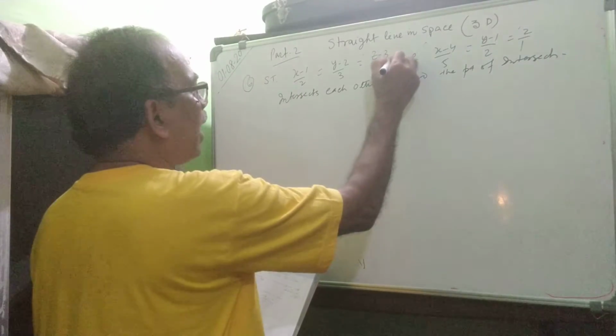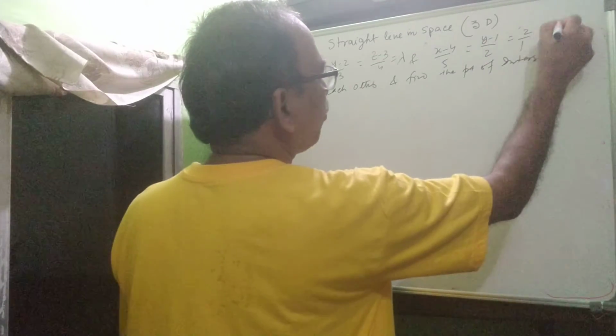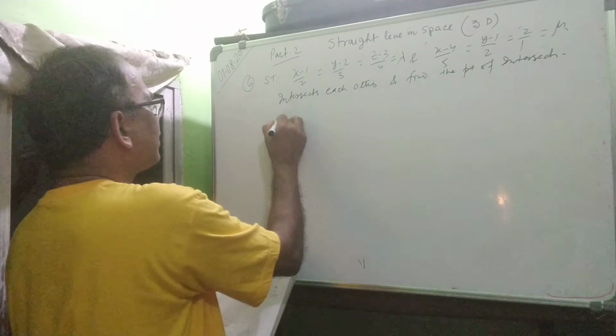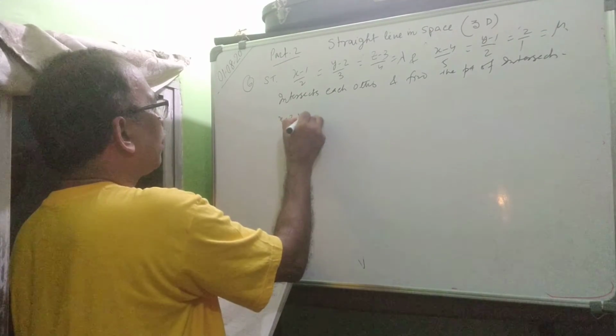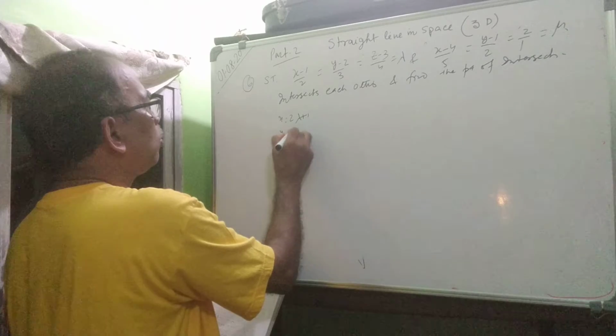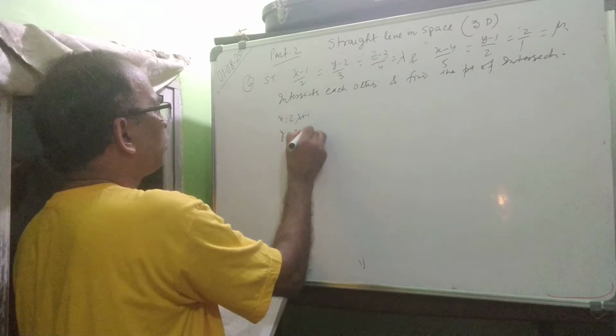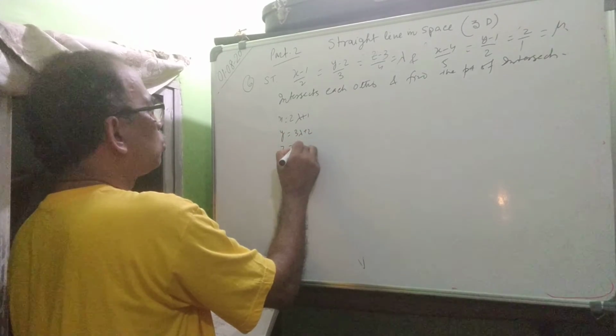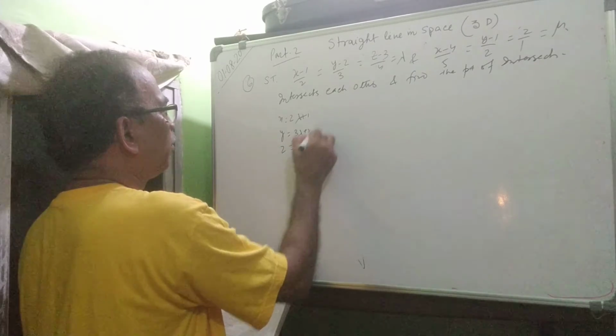So let this be lambda and this be mu for the two lines. So x equals 2 lambda plus 1, y equals 3 lambda plus 2 and z equals 4 lambda plus 3.